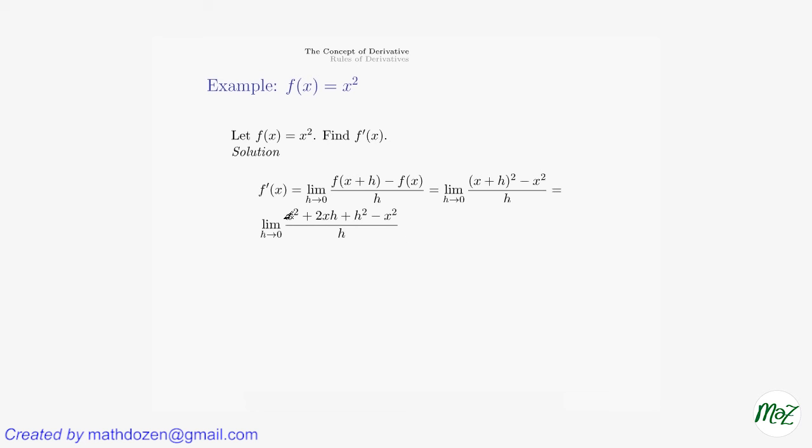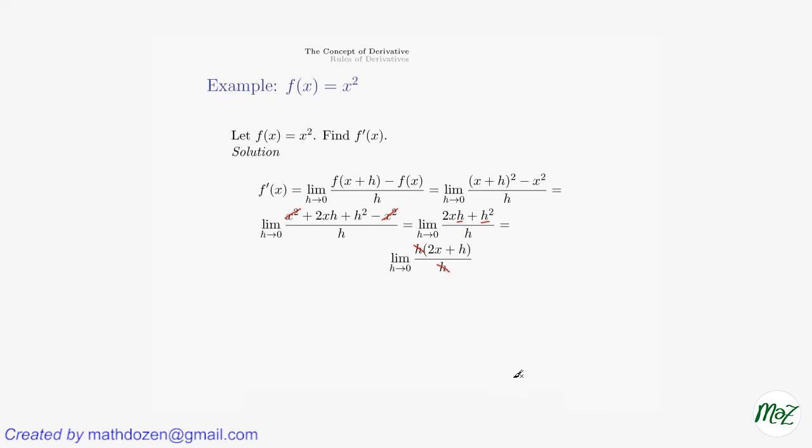Then we note that the first x squared cancels with the last x squared, and then we get a simpler expression, limit as h goes to 0 of 2xh plus h squared. Then we see that both of the terms have the common factor h, and we can factor it out, so that we get a limit as h goes to 0 of h times 2x plus h over h.